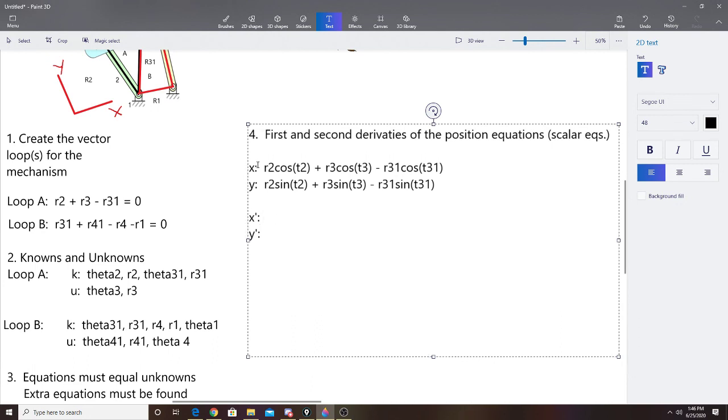So if we take the first derivative of this first one right here, we get minus R2 sine T2 minus, because we're going to change the sign. Remember, R3 now. So remember, we have to go back to our variables. R3 is an unknown, and so is theta 3. So therefore, we get F3 cosine T3.